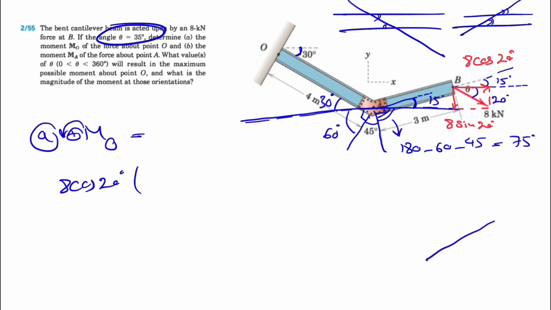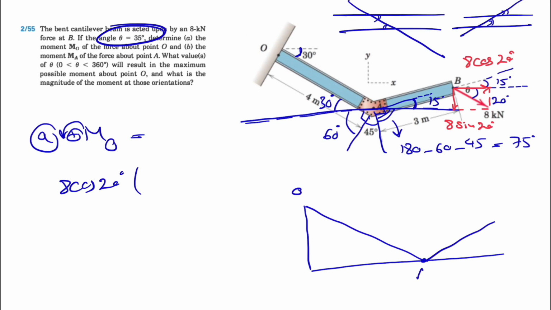Well, let's just show that beam in here, we can see it better. So it's now point O, this is A, and here we have where the force is applied, and we figured out this angle is 15 degrees and this angle is 30 degrees. And here are our x and y components. This is our x and this is our y.